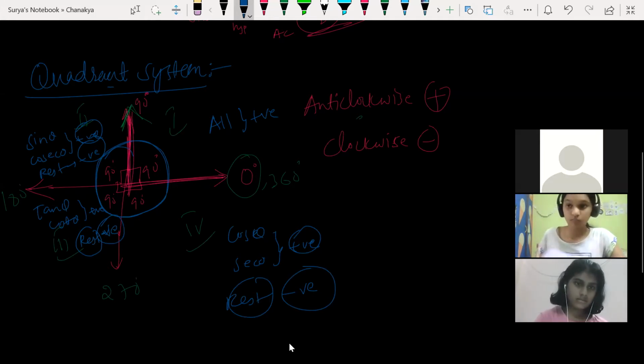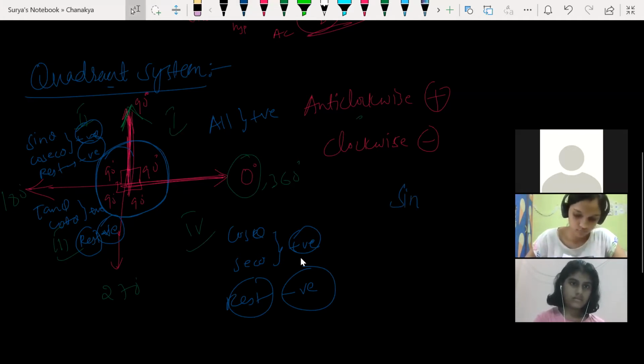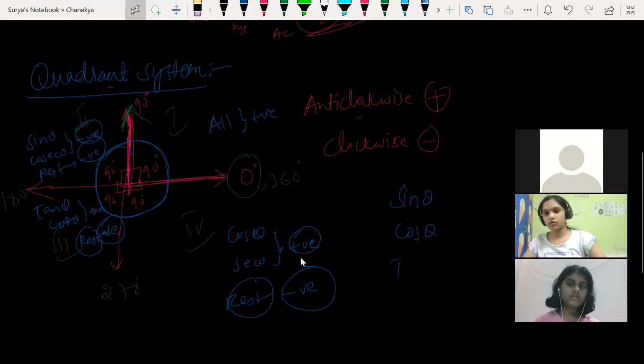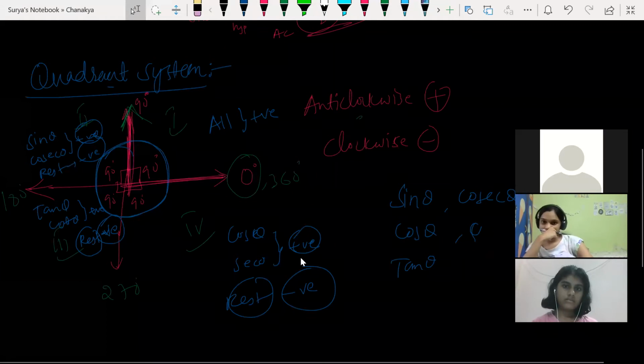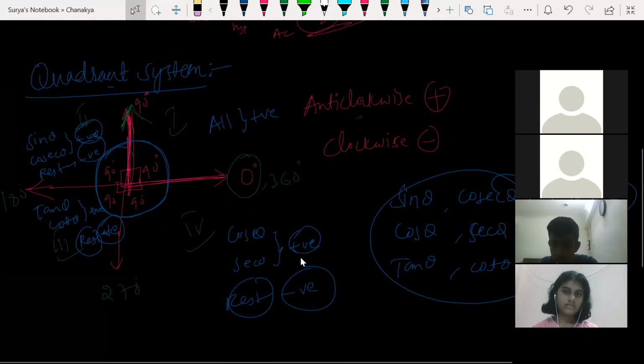Okay, this is my quadrant system. Basically, in the first quadrant, what are the functions we have? Sin theta, cos theta, tan theta, cosecant theta, secant theta, and cot theta. These all will be positive in the first quadrant. All will be positive means the values of these functions will be positive.